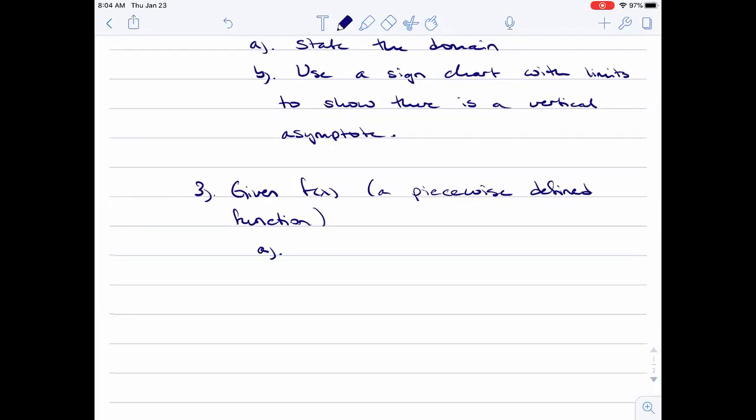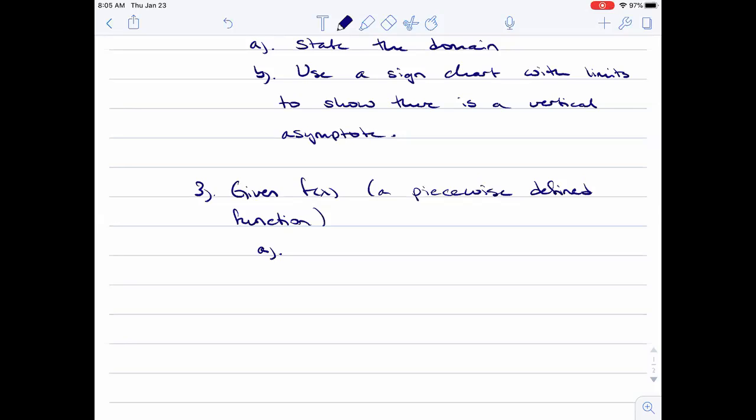Now, this is not going to be a hard function to sketch. It's going to be a line, maybe a parabola in there. As long as you know what a straight line looks like, what a parabola might look like, then you can just pick points of x, evaluate that function at those points, plot those points, and connect the dots. So it's not going to be a hard function to sketch.